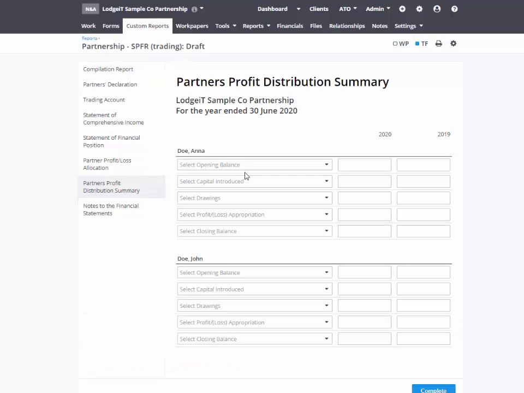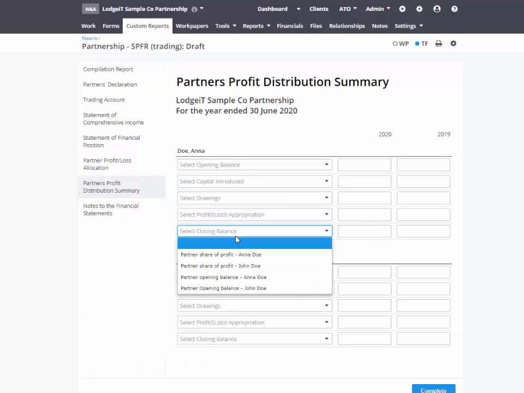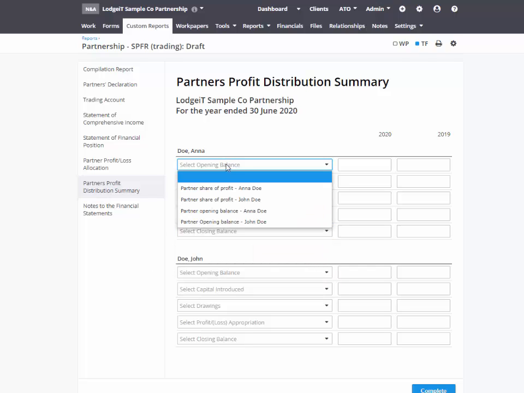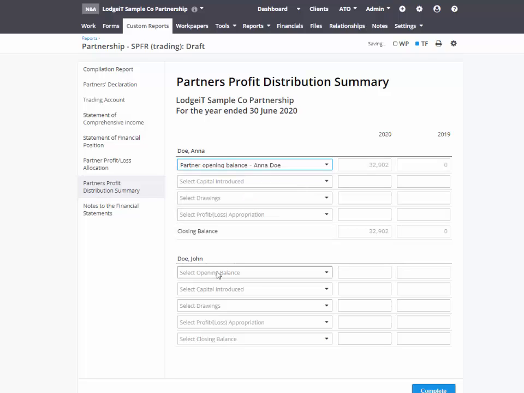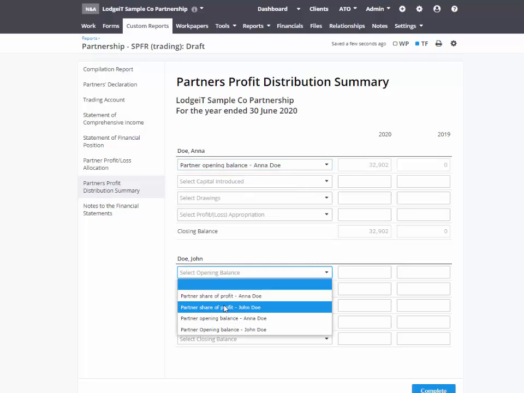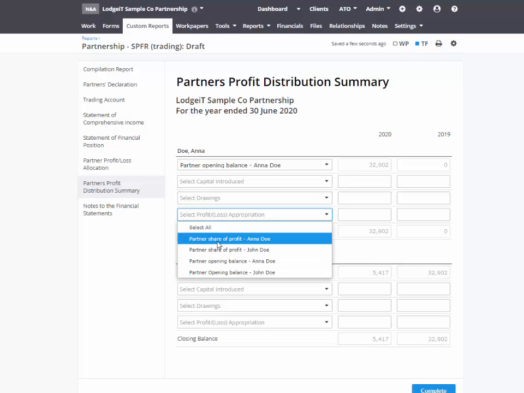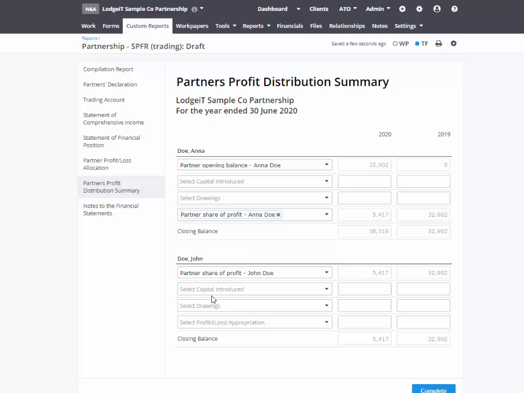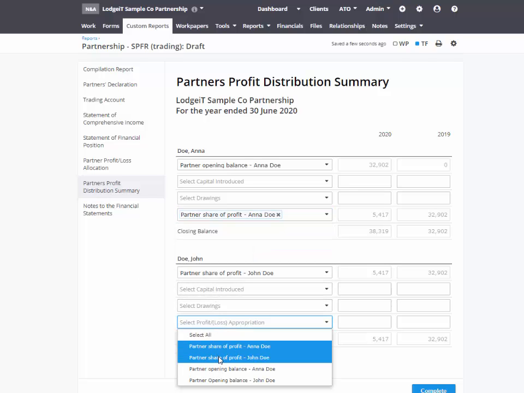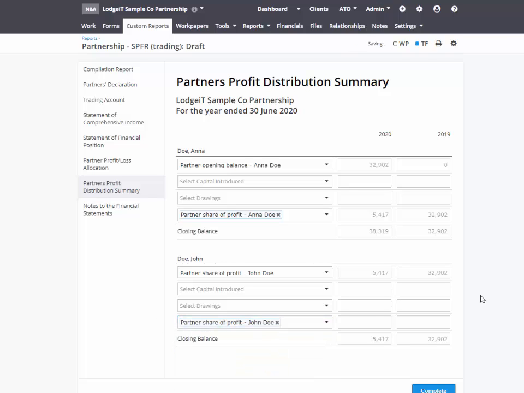Easiest way to do it when you've got multiple rows is, we'll start with our opening balances. So partner opening balance for Anna, partner opening balance for John, and share of profit. And share of profit for John. See how that works.